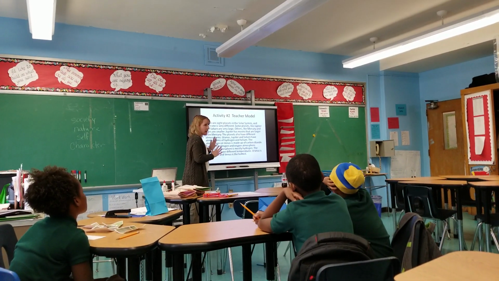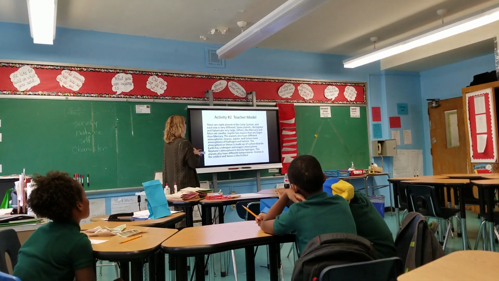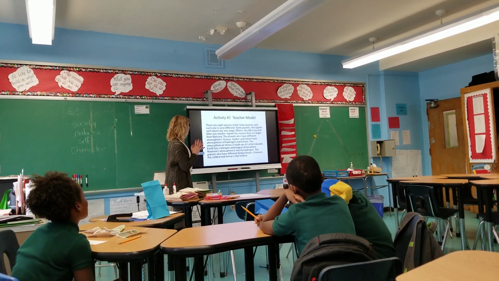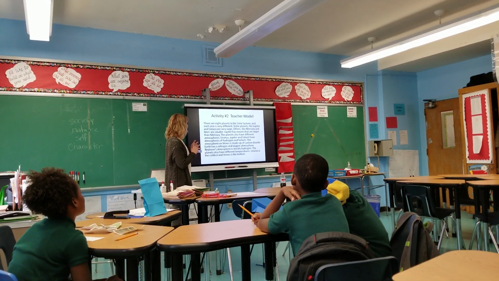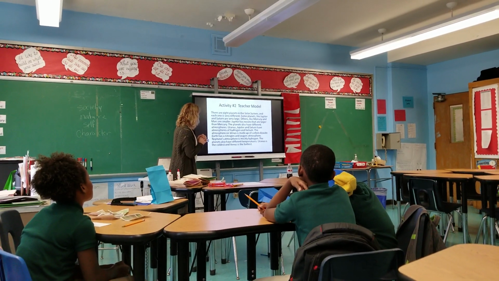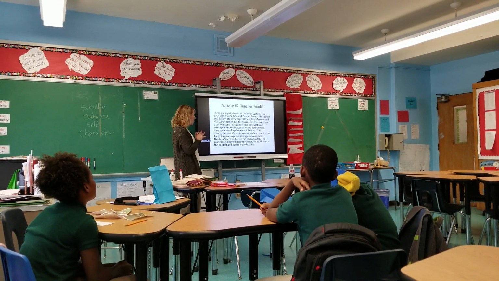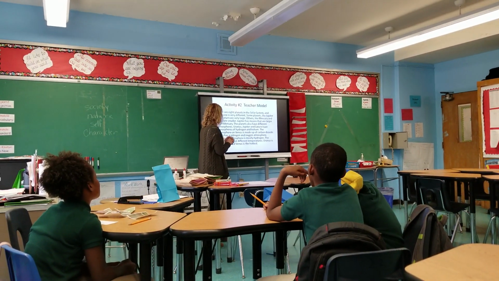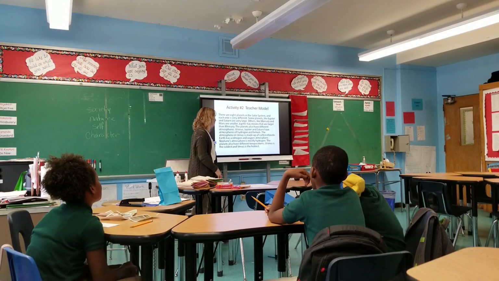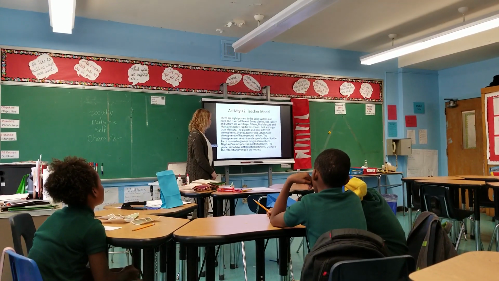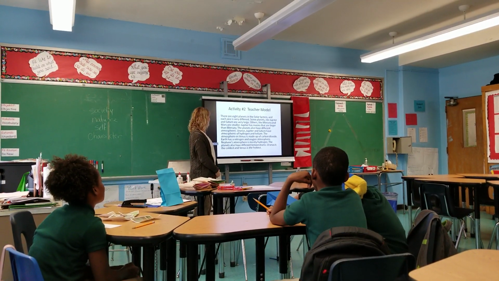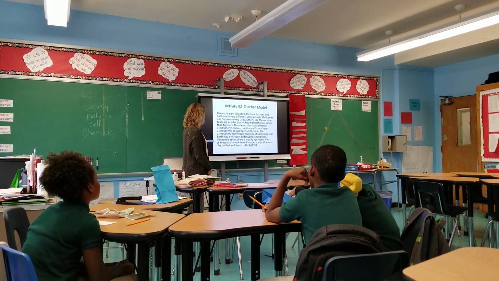Now I need to read the whole text. There are 8 planets in the solar system, and each one is very different. Some planets, like Jupiter and Saturn, are very large. Others, like Mercury and Mars, are smaller. Jupiter has moons that are larger than Mercury. The planets also have different atmospheres.